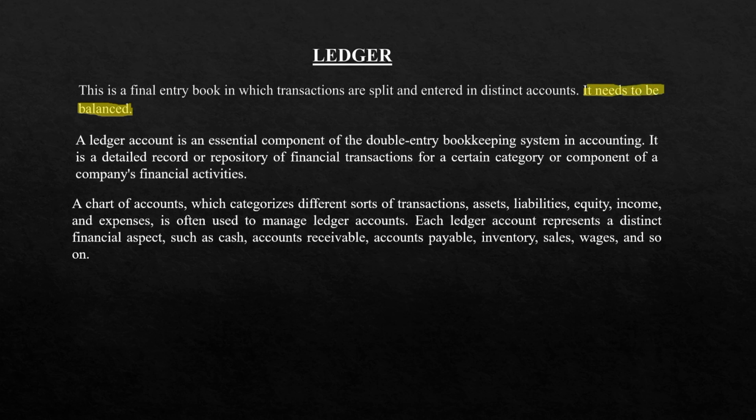So this is the final entry book in which transactions are split and entered into distinct accounts. If you follow the statement I gave when I was defining financial accounting, I said it's a process of recording. So you record, that is the initial stage, writing that transaction into the ledger account.